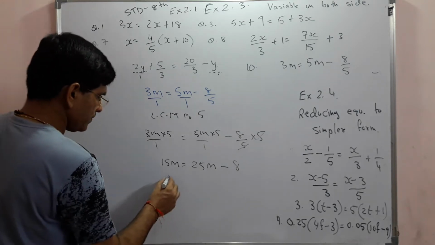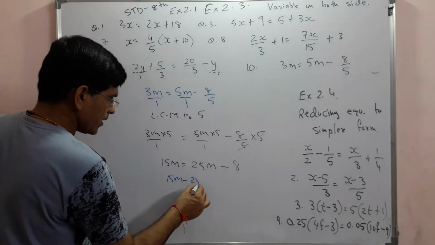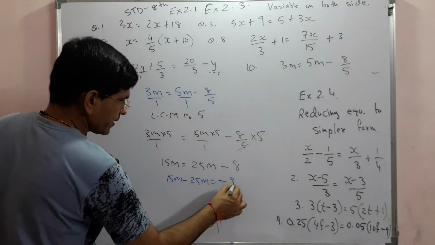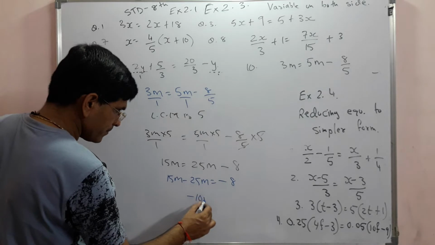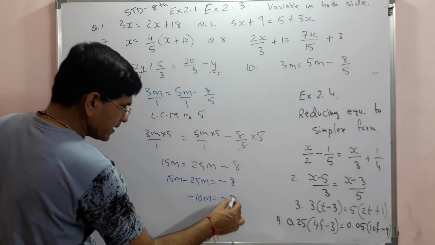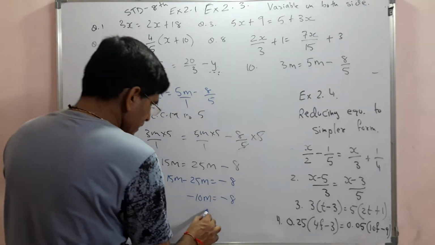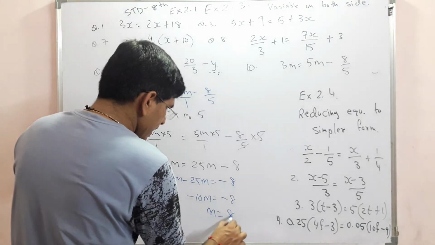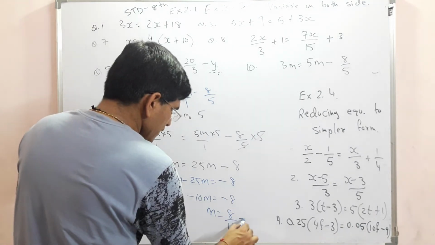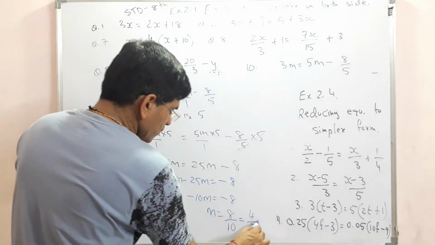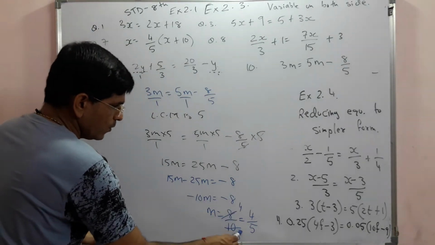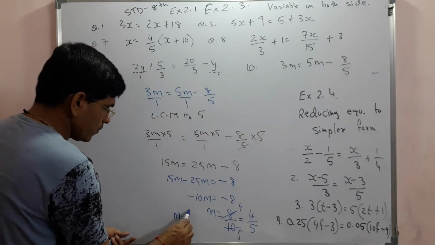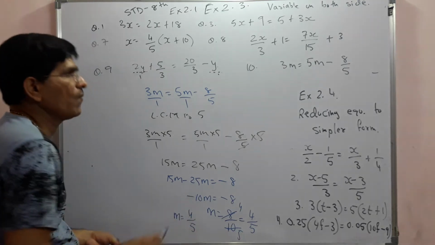So 15m minus 25m is equal to minus 8. 15 minus 25 is minus 10m. Now the negative sign is on both sides, so we can easily cancel. m is equal to 8 upon 10. If you divide it by 2, 2 4s are 8, 2 5s are 10. So m is equal to 4 by 5.